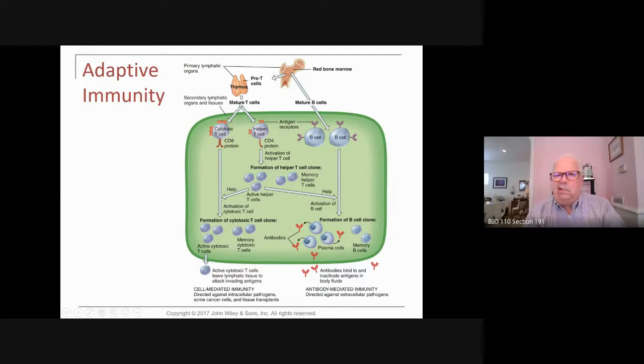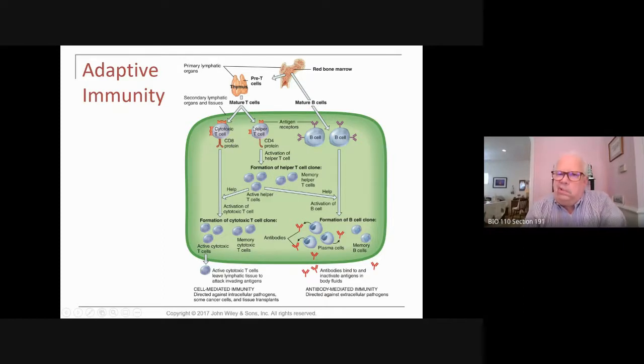Mature T cells will differentiate into either a cytotoxic T cell, which will kill a bacteria by itself, otherwise known as CD8 cells. CD8 cells, because they produce a protein called CD8 protein, which will kill a cell. Here it is: cytotoxic, cell death, CD8.